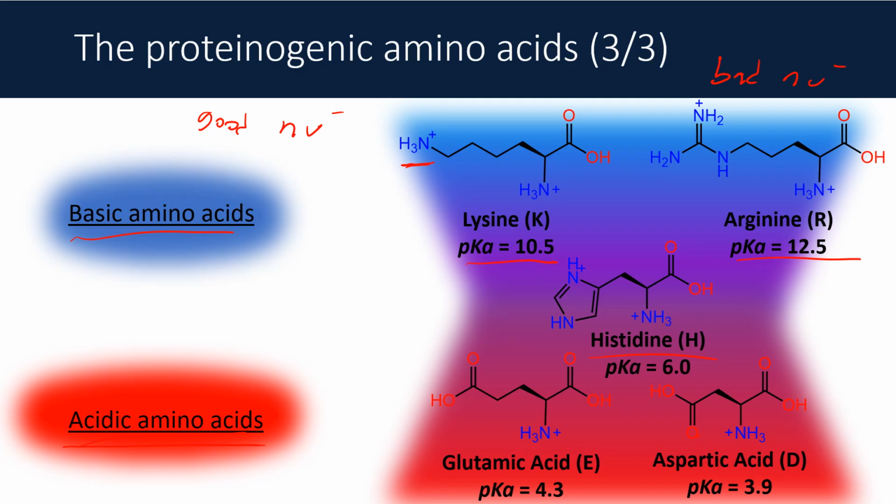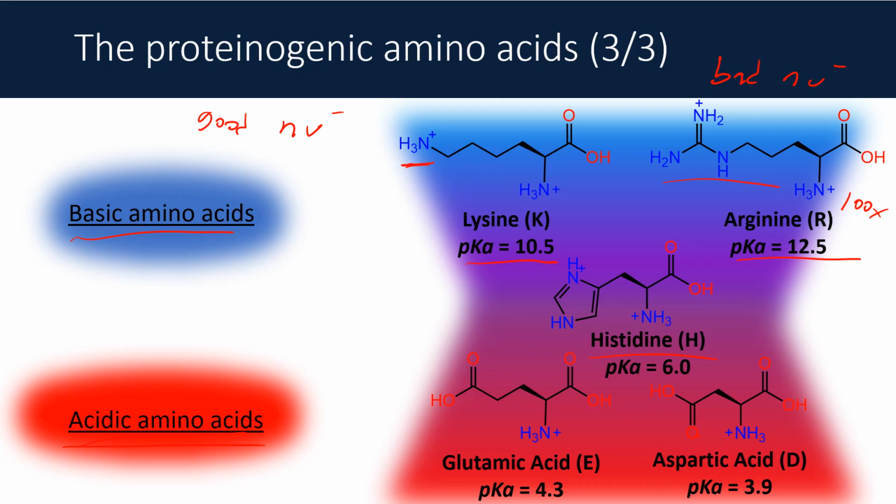The pKa of this guanidinium group is 12.5 compared to the 10.5 of the primary amine in lysine, 2 orders of magnitude bigger. That means arginine is 100 times more basic than lysine. So they have different strengths.